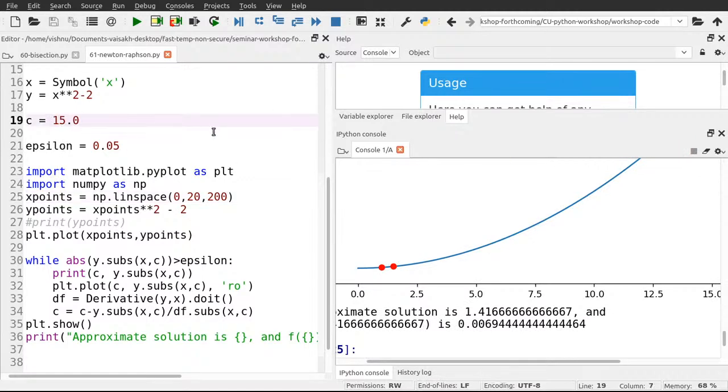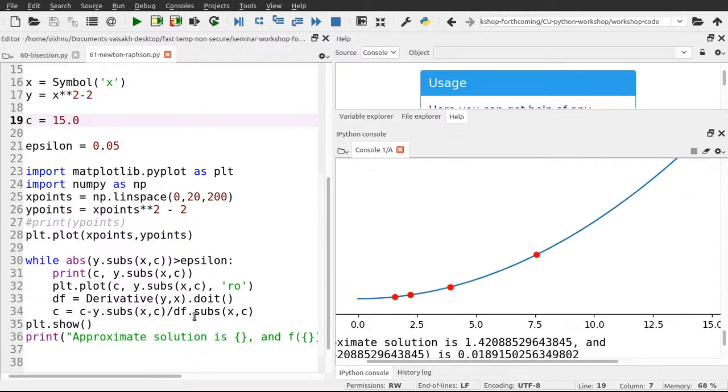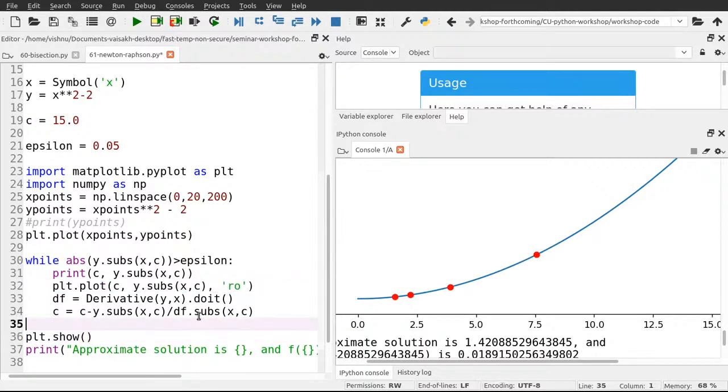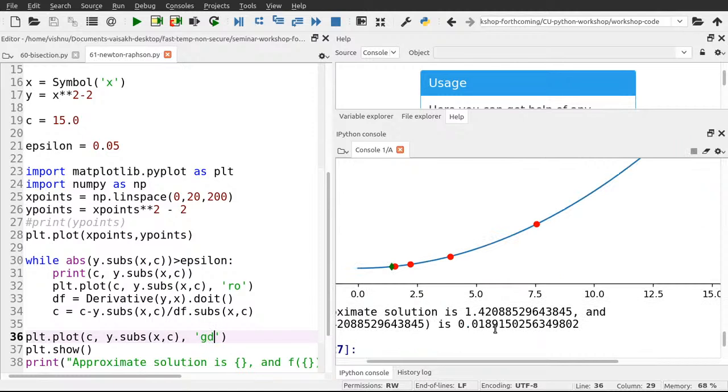Take it as 15. So we are getting this many points. And the final one, let us put in a green dot. The final solution, let us put as a green diamond. So the final solution is here.